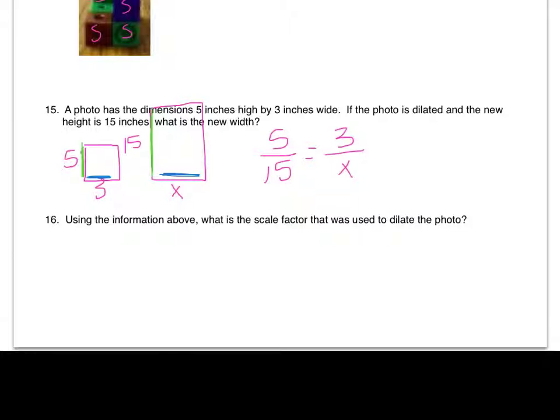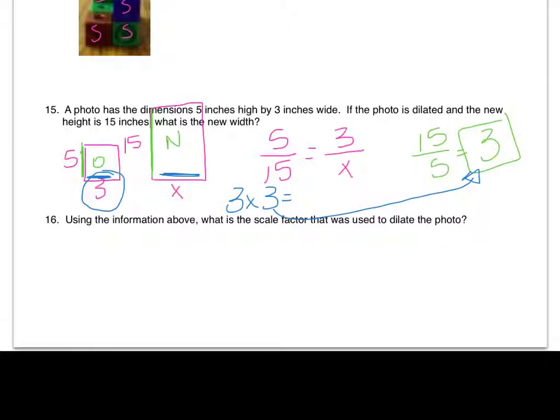So I know this is my new and this is my original, so I could do 15 over 5. 15 divided by 5 is 3, so I know my scale factor is 3. So if I know my scale factor, I can take my original side, 3, times my scale factor, which also happened to be 3, and I could get my new side, which is 9.